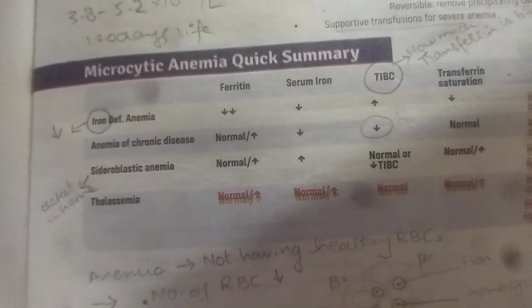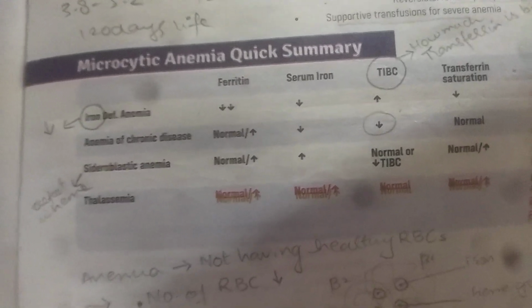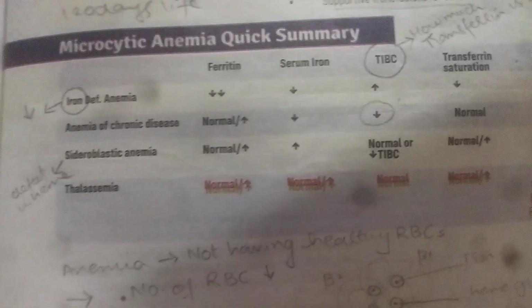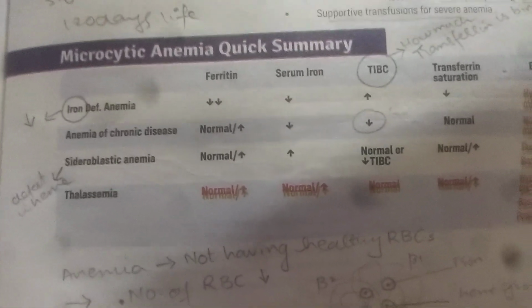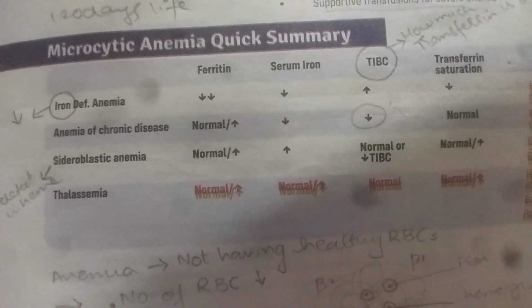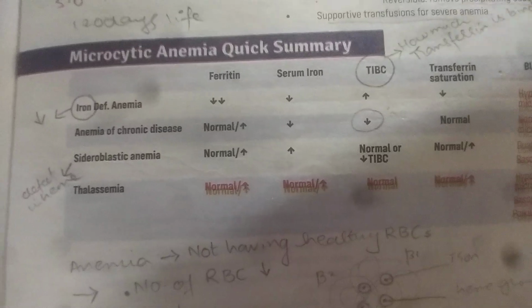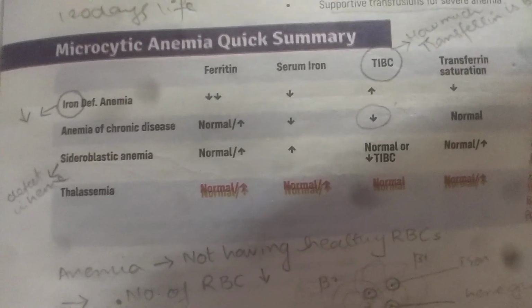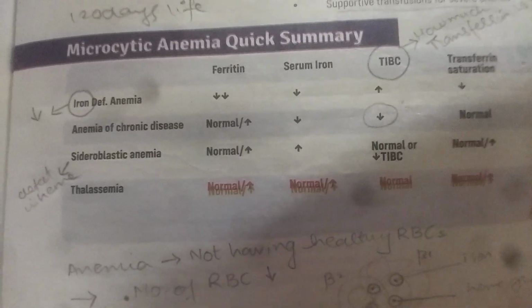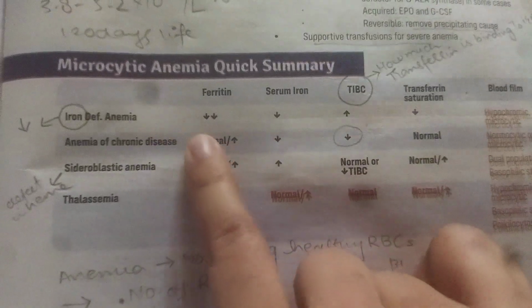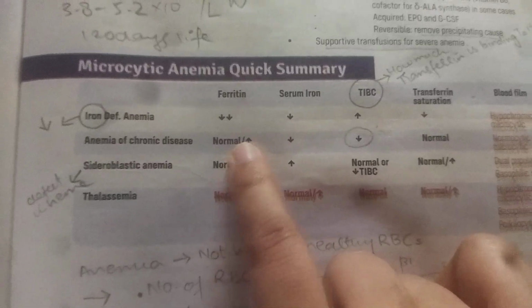What does anemia of chronic disease do to your body? In anemia of chronic disease, macrophages trap your iron. Iron is trapped in macrophages. So iron is available in the body, but it is not available to be incorporated into the HB, right? So ferritin, the iron stores, will be normal or maybe high.